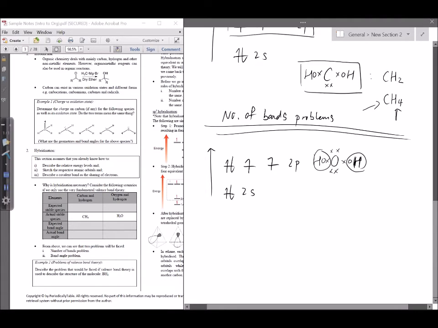Well, it seems that there are in fact 2 lone electrons which can form 2 bonds with hydrogen. And it might seem that there's not really a need for hybridization, because hey, this actually is perfectly fine.